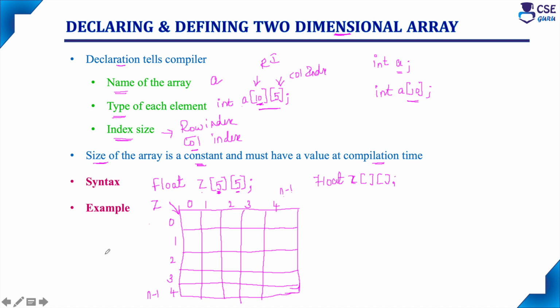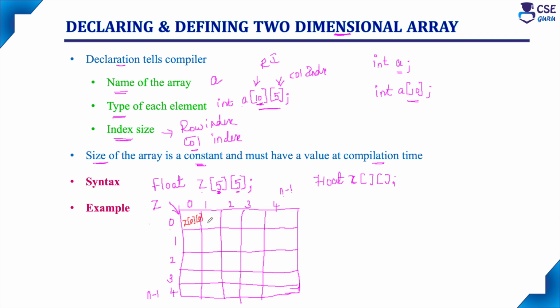Next, let's consider how to locate the elements in a row-wise and column-wise fashion. This is the 0th row and 0th column. The array name is Z, so this will be considered as Z of 0, 0. So this is the 0th location.